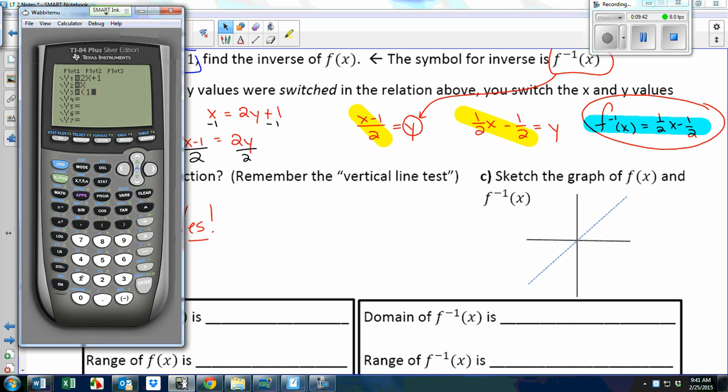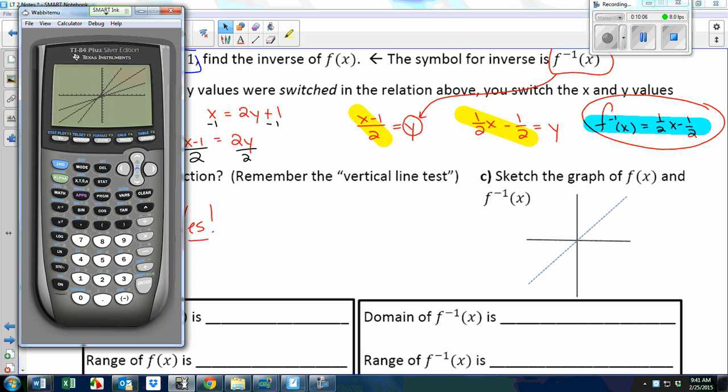So parentheses 1/2 x minus parentheses 1/2. When I hit graph, it's going to graph 3 lines. The first one's the original, the second one's y equals x, and the third one's the inverse. So here it goes. There's the original. There's y equals x, and there's the inverse.